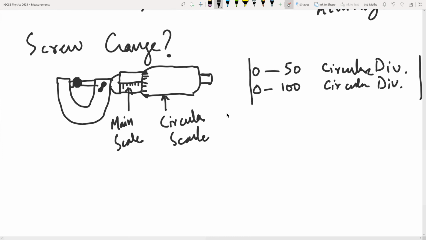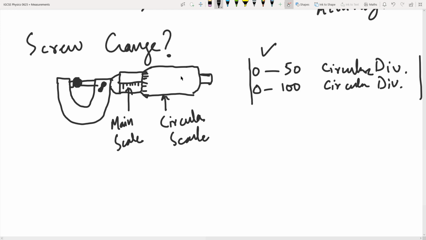Now some vernier calipers and screw gauges are more precise, that means they have a much lower least count, but usually these two are available in the lab, and these two are the ones used in the IGCSE ATP and the experimental questions, right?